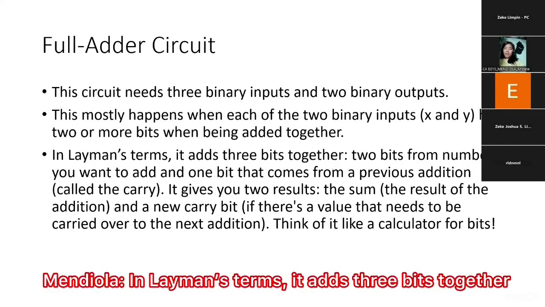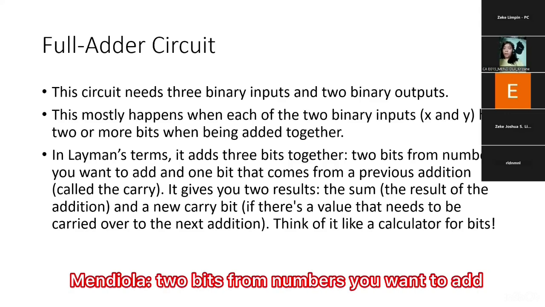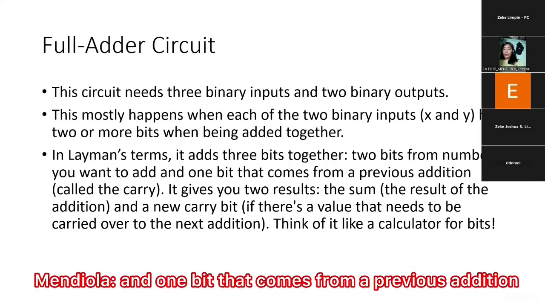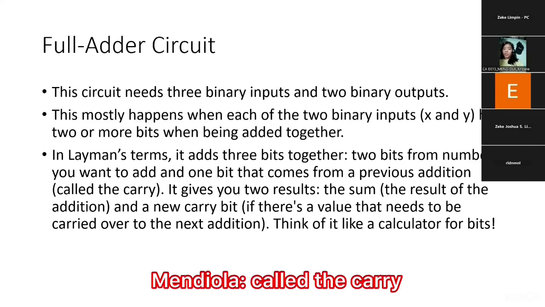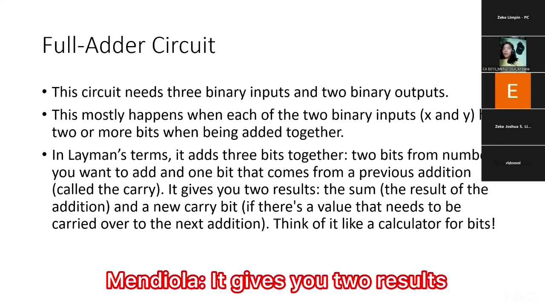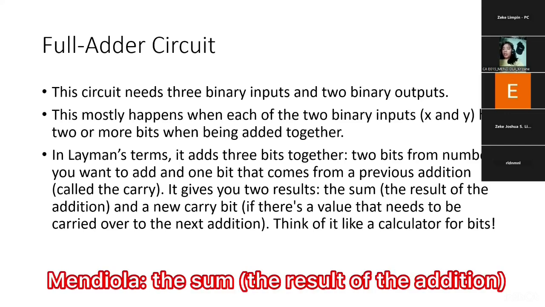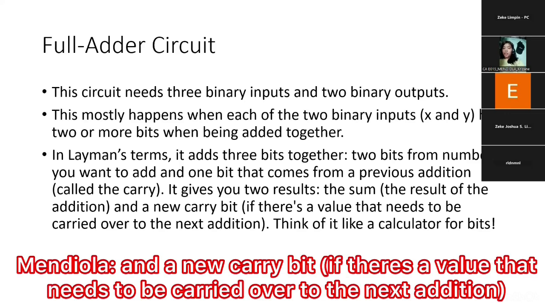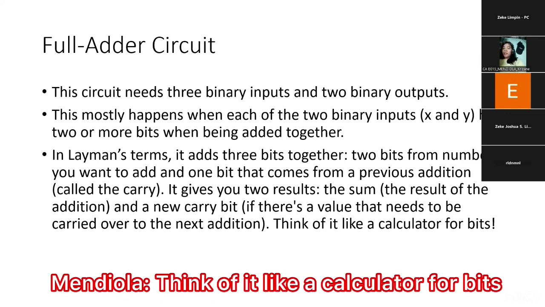In layman's term, it adds 3 bits together, 2 bits from numbers you want to add, and 1 bit that comes from previous addition carried, called the carry. It gives you two results, sum, the result of the addition, and a new carry bit. If there is a value that needs to be carried over the next addition, think of it like a calculator for bits.